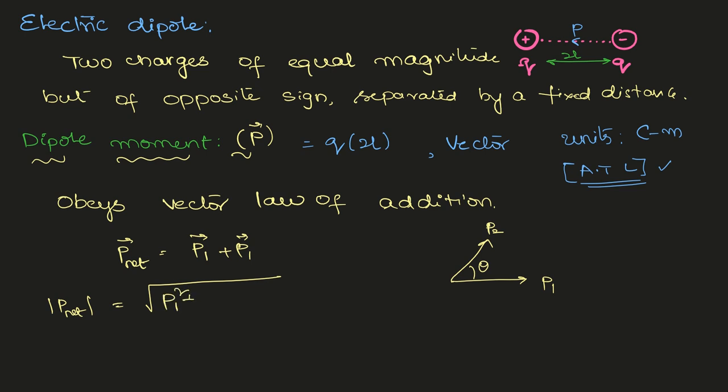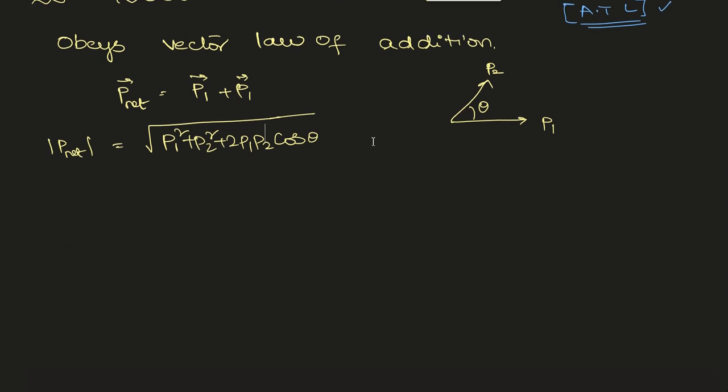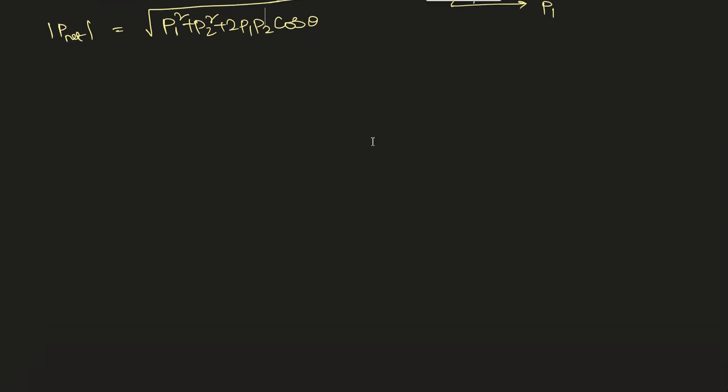P net is the square root of P1 square plus P2 square plus 2 P1 P2 cos theta, and its direction we find using the tan function. Tan alpha is equal to P2 sin theta by P1 plus P2 cos theta.